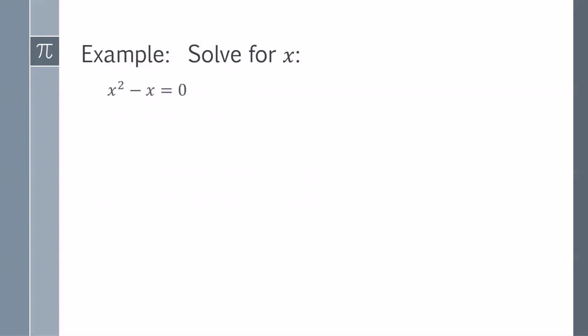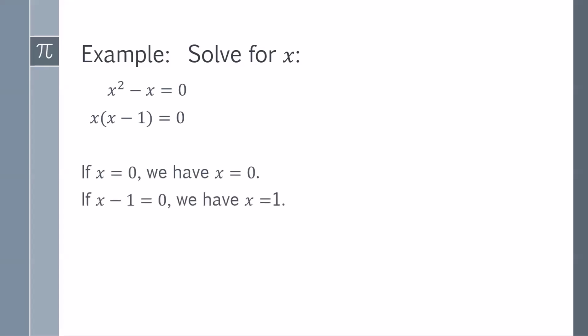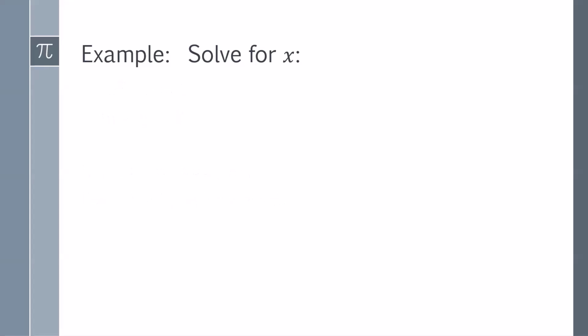Example, x squared minus x is equal to 0. Here we can factor an x out of the left side to get x times (x minus 1) is equal to 0. So either x is equal to 0 or x is equal to 1. Example, 16x squared minus 25 is equal to 0.